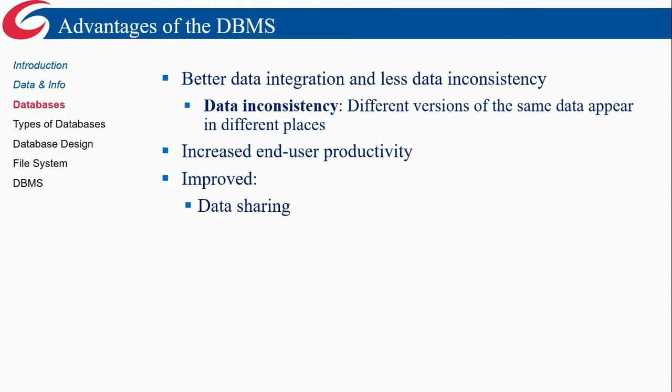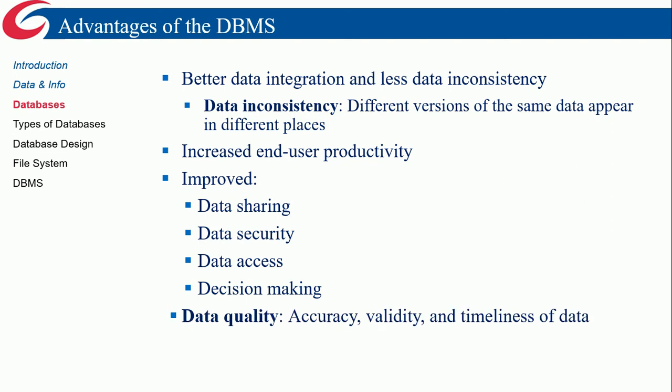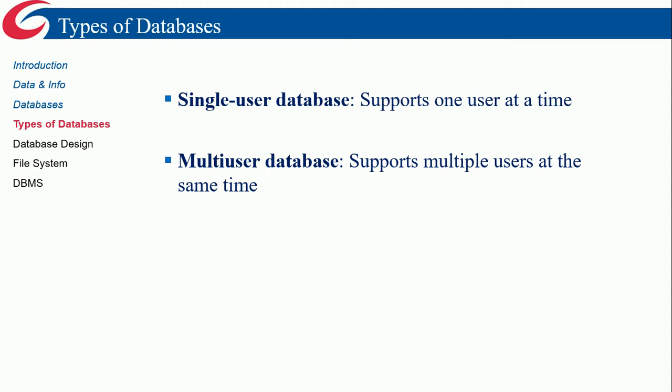We have improved data sharing, improved data security, data access, and decision making. These are all things that work much better with database management systems than if we didn't have a DBMS, or that layer of abstraction. The data quality generally is a bit better. More accuracy, it's valid. The timeliness of the data, our ability to get access to that data, to get meaningful information from it.